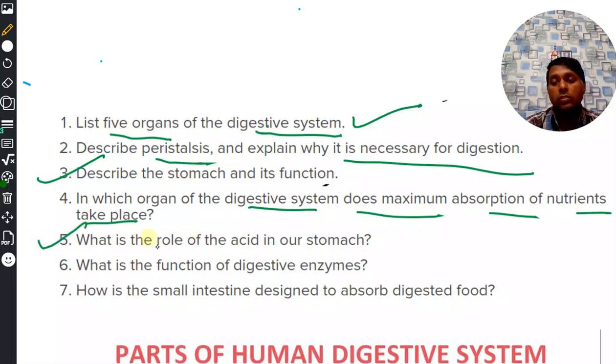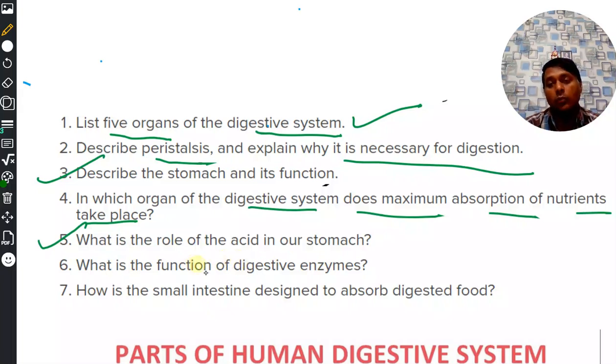And we can also describe the role of acid in our stomach. That is a very surprising thing, that there is acid in our stomach. What are those acids and why doesn't it burn our stomach? We will be able to find it.